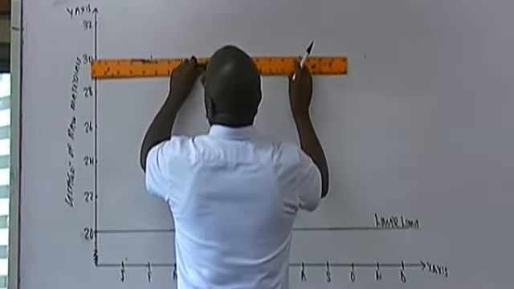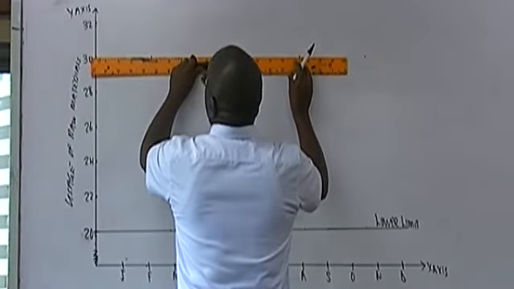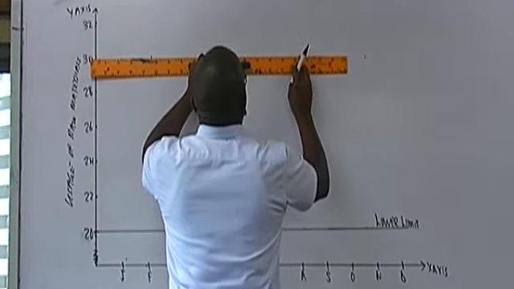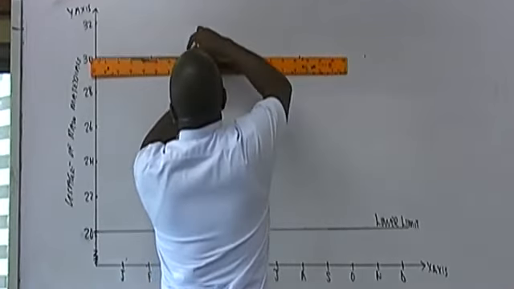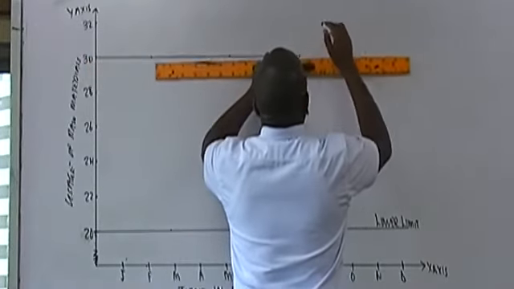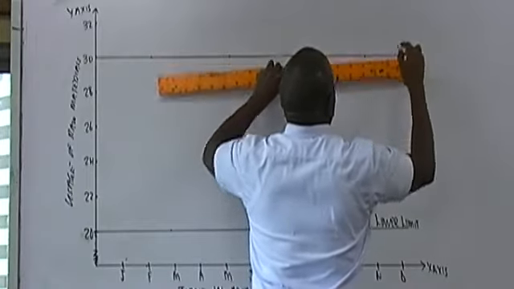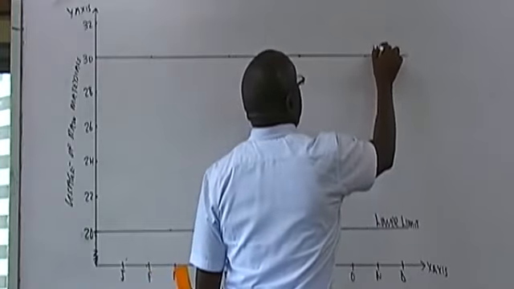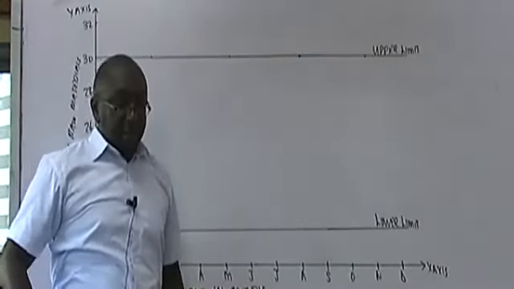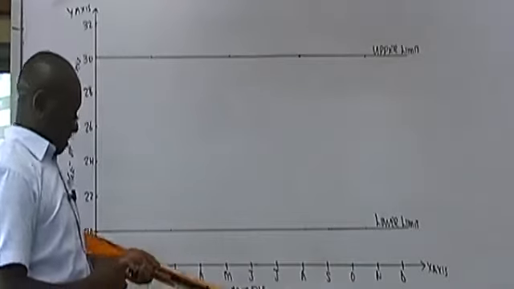So mchore ingine hapa. So this is upper limit.